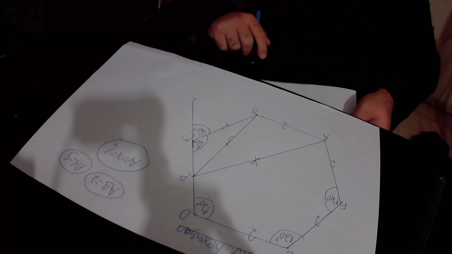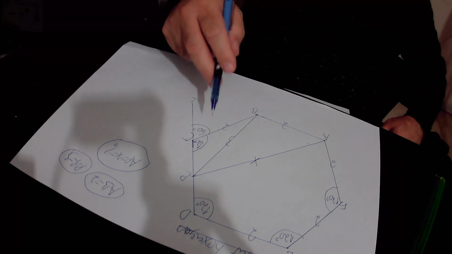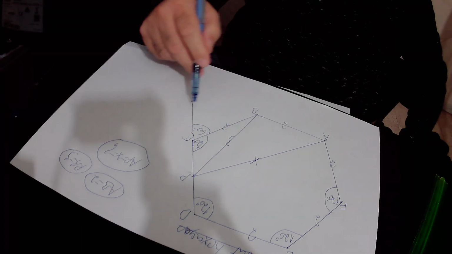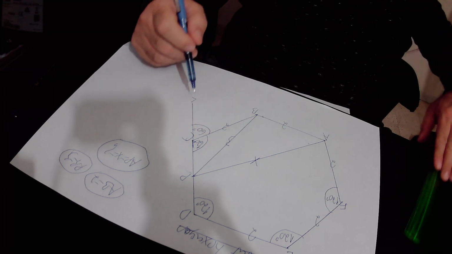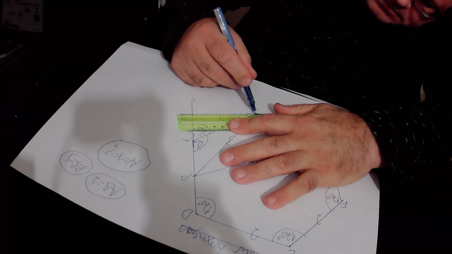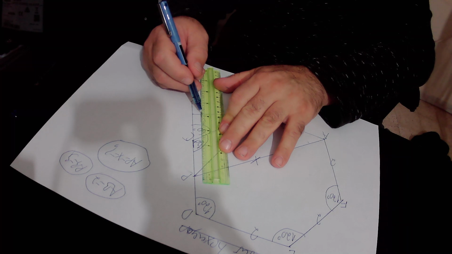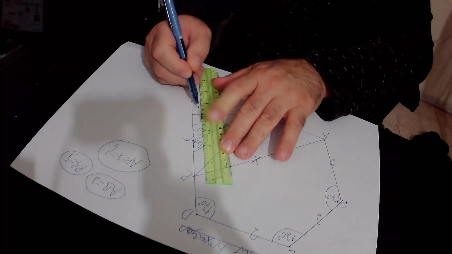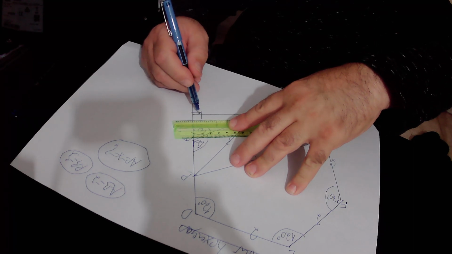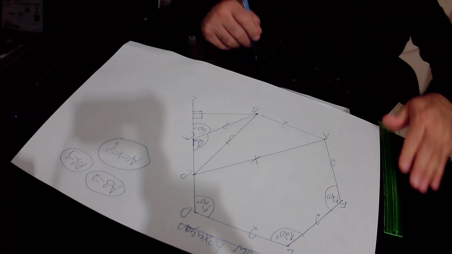In the next step, from point B, we will draw a perpendicular on DL. So this angle equals 90 degrees, and this angle also equals 90 degrees according to our construction.